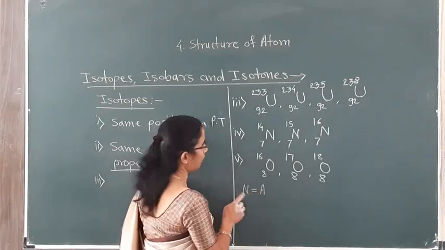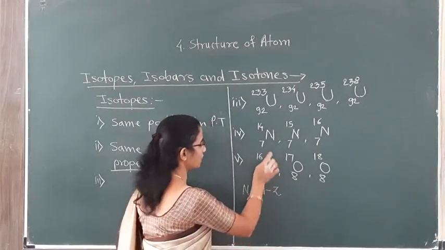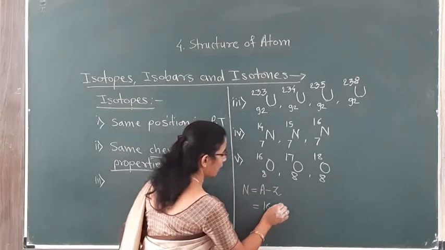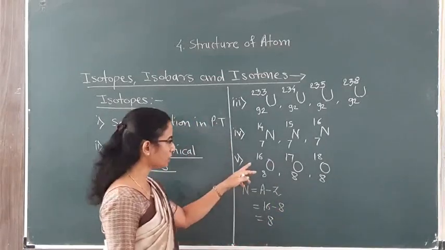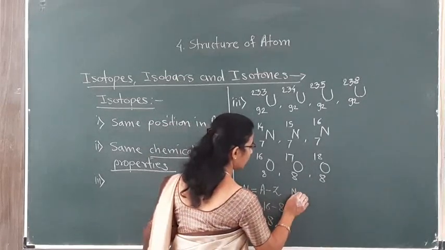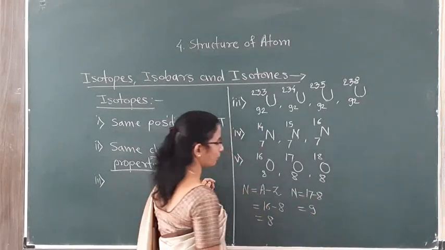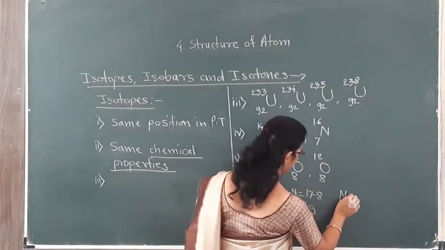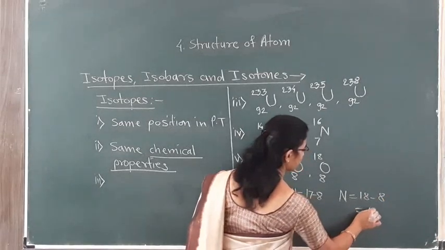A is equal to Z plus N, that is N is equal to A minus Z. In the case of oxygen-16, the mass number is 16 and the number of protons is 8, and therefore the number of neutrons in the first isotope of oxygen is 8. Similarly, N is equal to 17 minus 8, that is 9. And the third isotope of oxygen, that is O-18, will possess 10 neutrons in it.